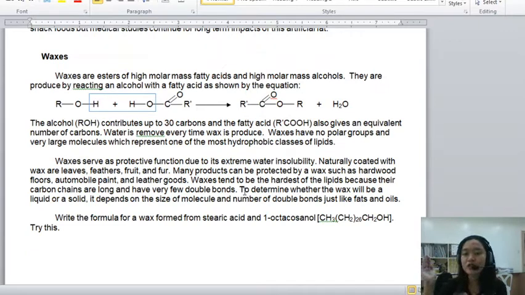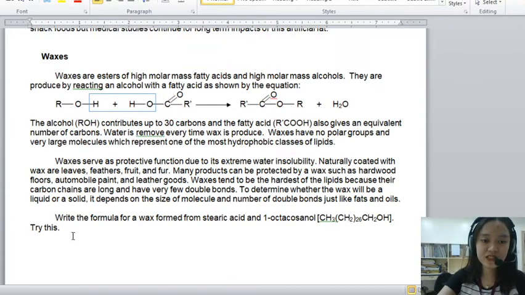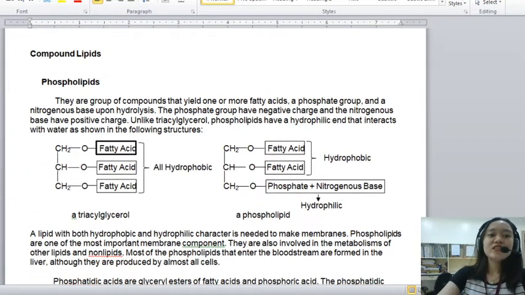Okay? So, they solidify because their structures are compact together kasi wala silang kink or wala silang bending. Okay? So, very solid yung inyong waxes, kasi maliit lang ang kanilang double bonds.